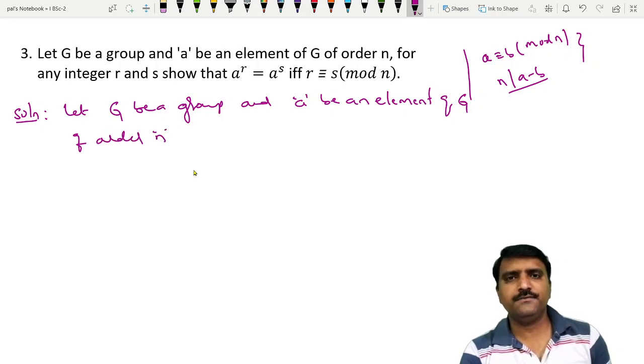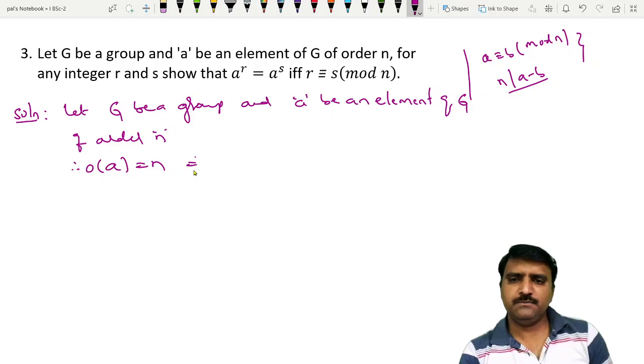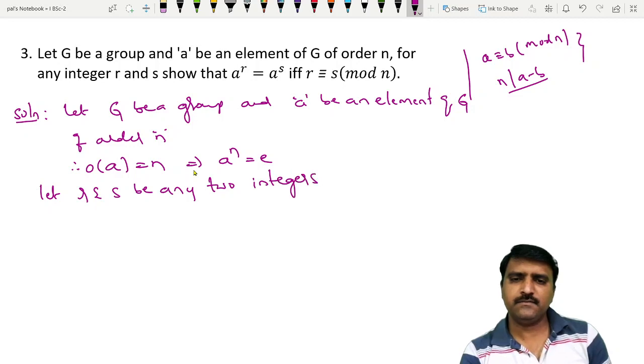So the order of A is n, which implies that A to the power of n is equal to E. Let R and S be any two integers.